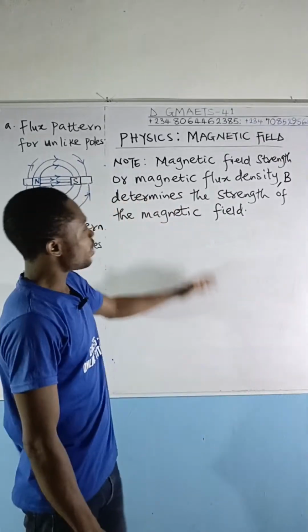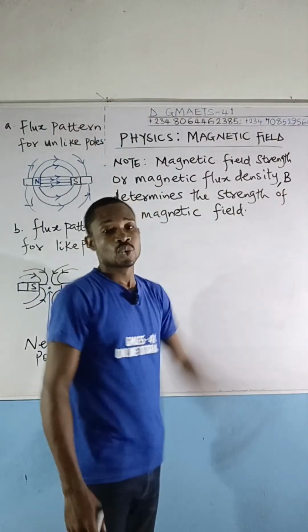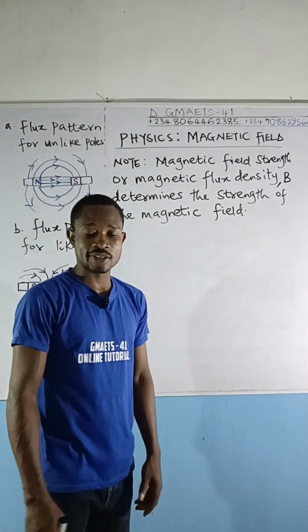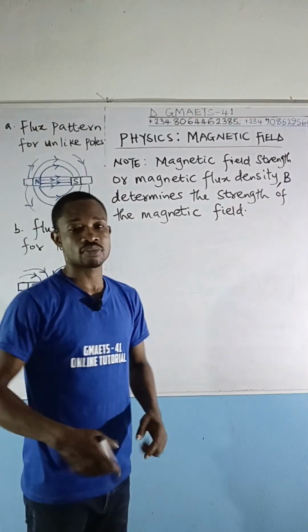And when you are talking about the magnetic field strength or magnetic flux density, which we use B to represent, there's a relationship between it and magnetic flux.